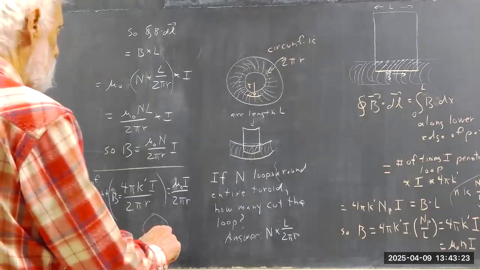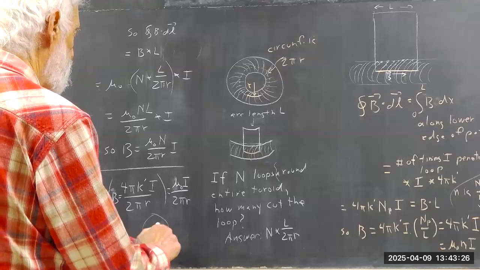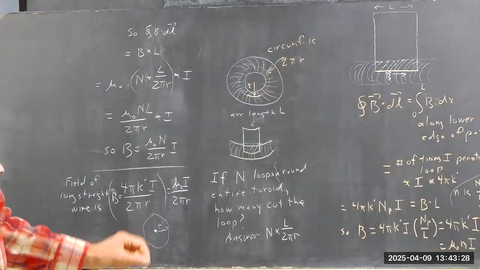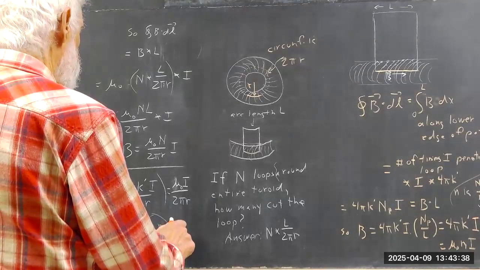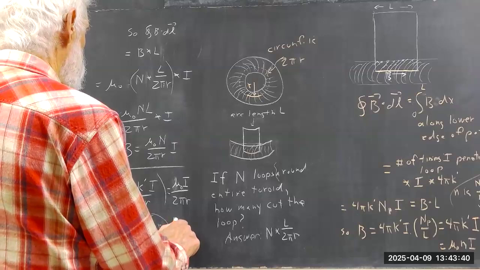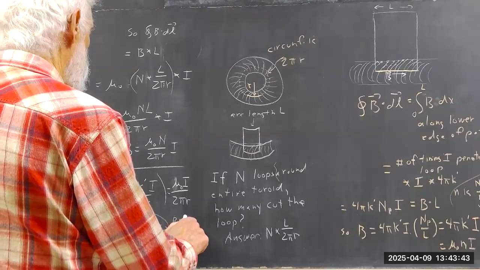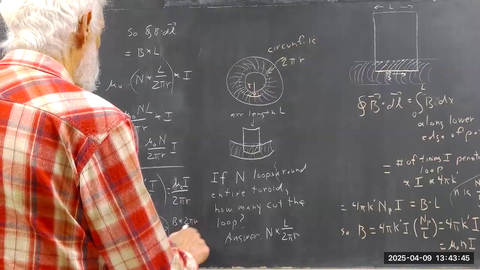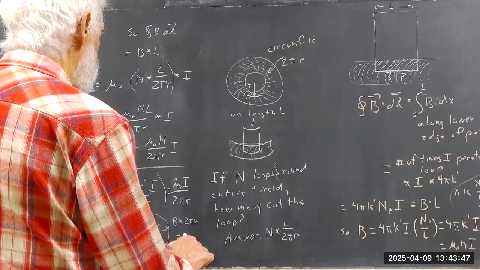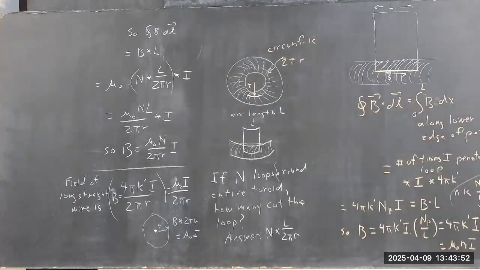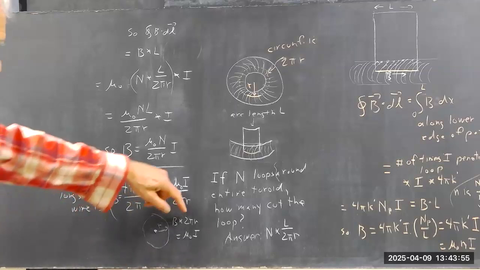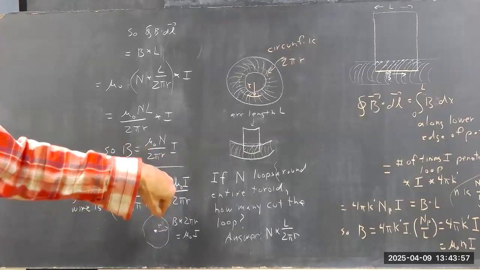And it's penetrating a loop of radius r. The length of the loop is 2 pi r, the circumference.